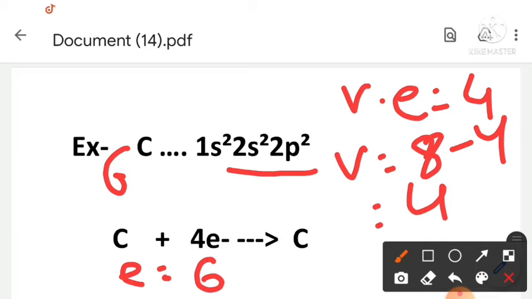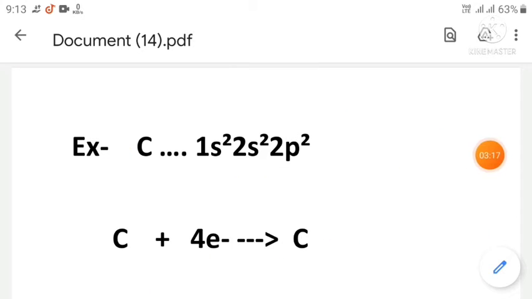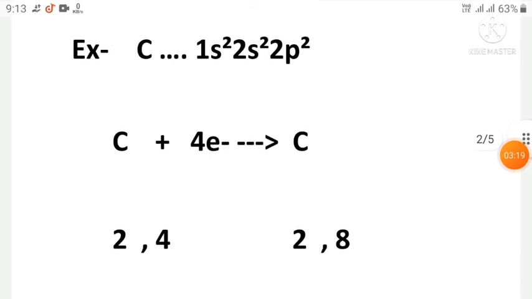After gaining 4 electrons it becomes 6 plus 4, 10 electrons. Here after gaining 4 electrons it becomes C minus 4, because it gains 4 electrons. Now we see the next example.